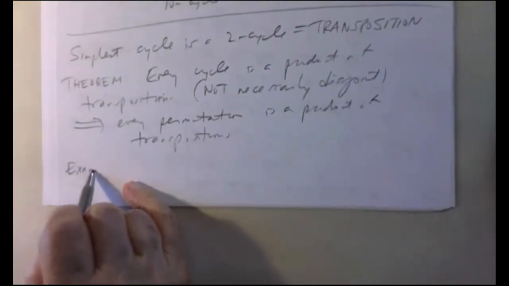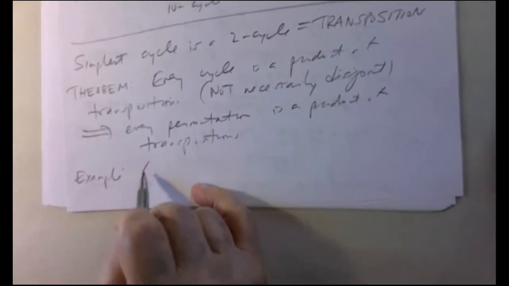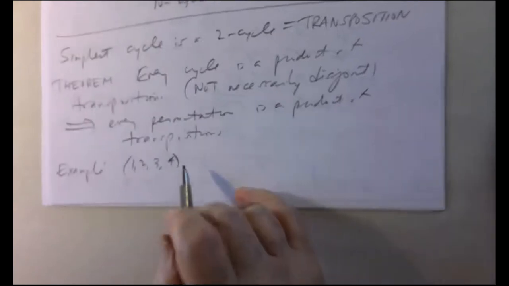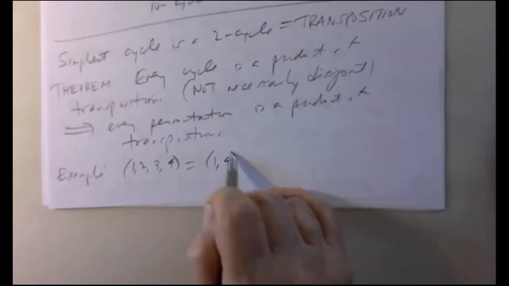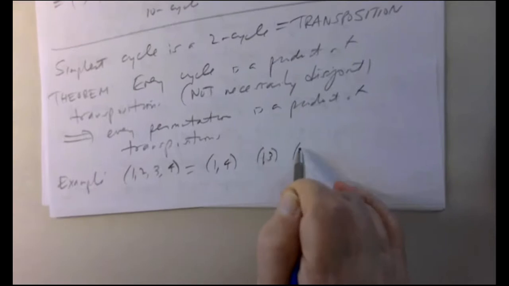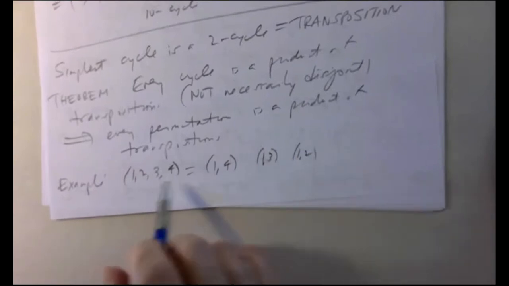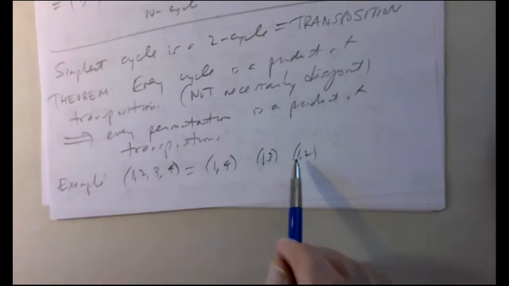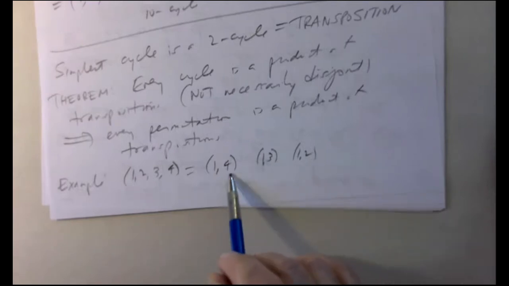So I claim, for example, that if I take the cycle 1, 2, 3, 4, this is the same as the product of the transpositions 1, 4, 1, 3, 1, 2. So these aren't disjoint. The number 1, in fact, occurs in every one of them. But you'll notice this product on the right: 1 goes to 2, and 2 stays at 2 through the others.